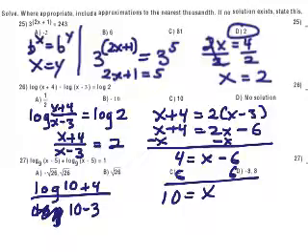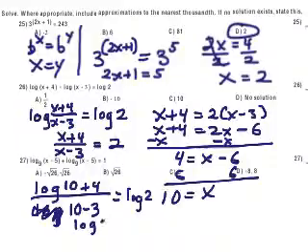And that's supposed to equal log of 2, right? So 10 plus 4 is 14, 10 minus 3 is 7. So we've got the log of 2 equals the log of 2. We needn't go any further.